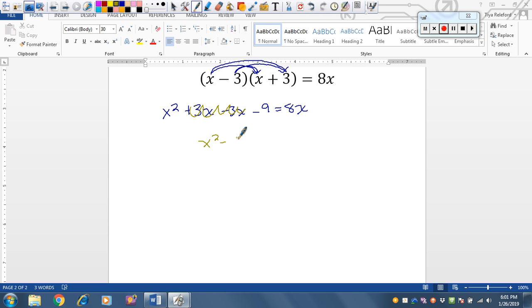So you have x squared minus 9 equals 8x. You have to move this 8x to the other side so you can be equal to 0. So minus 8x minus 8x. So you have x squared minus 8x minus 9 equals 0.